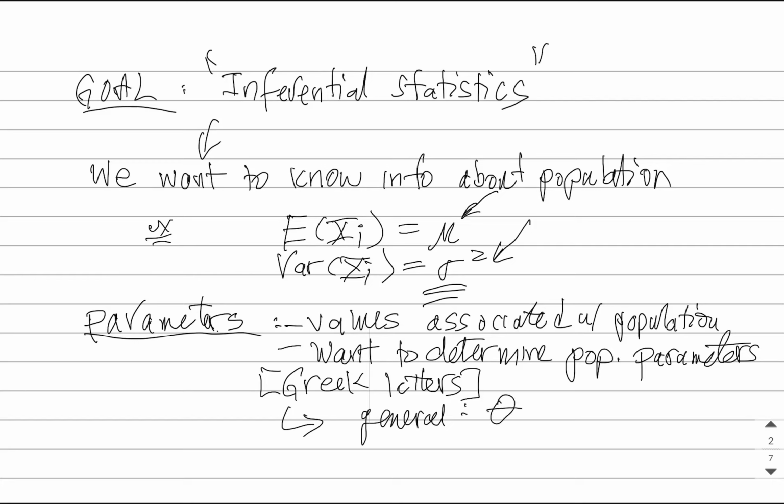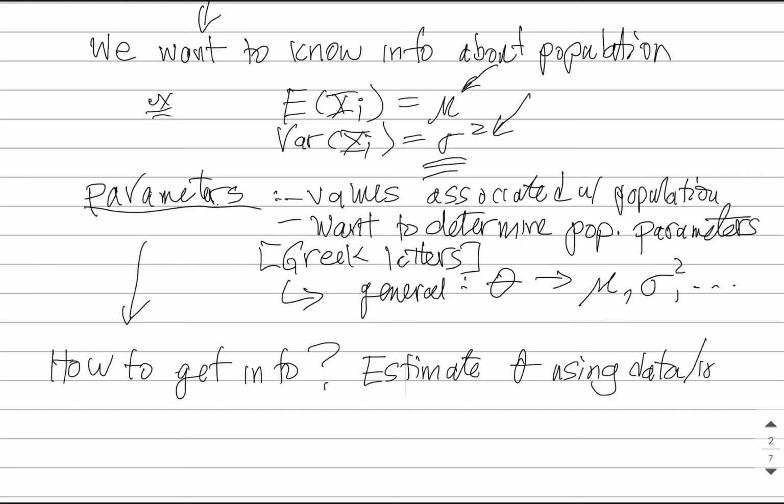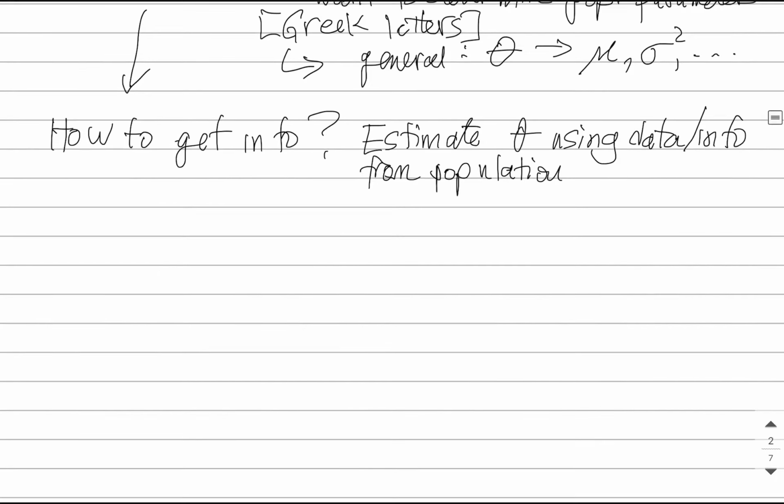So theta could be any Greek letter that we've been using so far. So it could be mu for the population average, it could be sigma squared, could be anything. So how to get this sort of info? The one key idea is that we are going to make an estimate of theta using data or information from the population. And this is the key idea in statistics here.